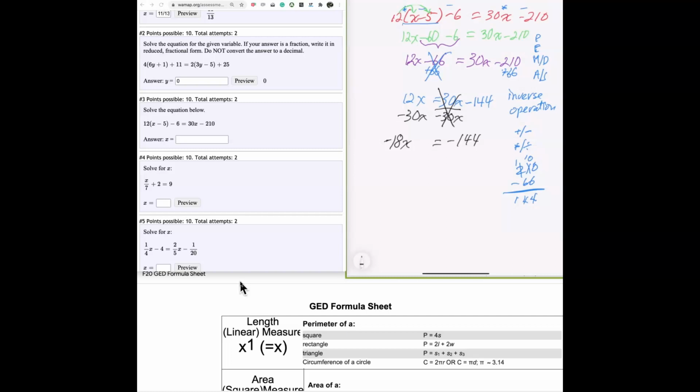Now this is a lot of negativity, so I'm going to suggest we multiply both sides by -1. And that'll just flip the signs. -1 times -18x gives us positive 18x, right? And then -1 times -144 gives us 144. And we just perform the same operation, right? And it doesn't matter what operation.